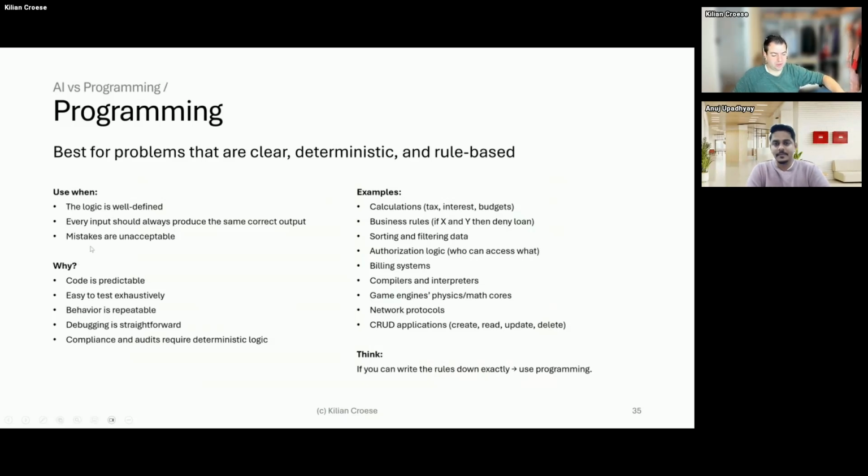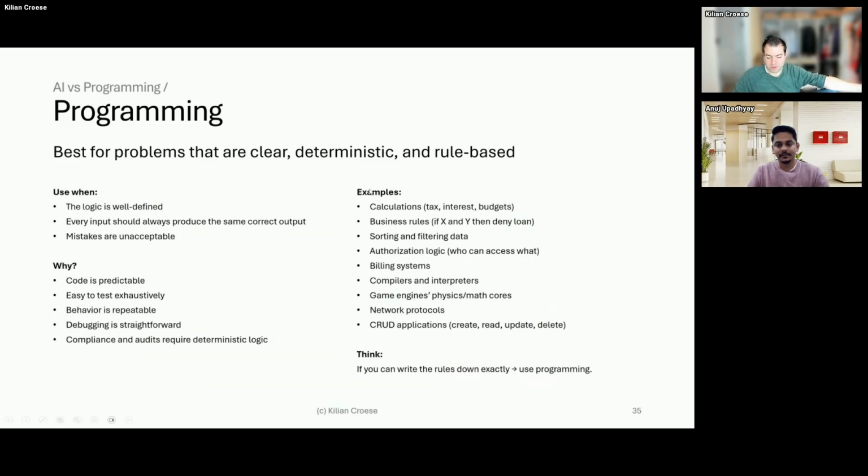The nice thing about programming is that it's predictable. You can reason about what's going on. It's easy to test and repeatable. Debugging is also easy and straightforward. And it's needed for compliance and audits. That's actually an interesting area to see how it would evolve once we start using more and more AI.